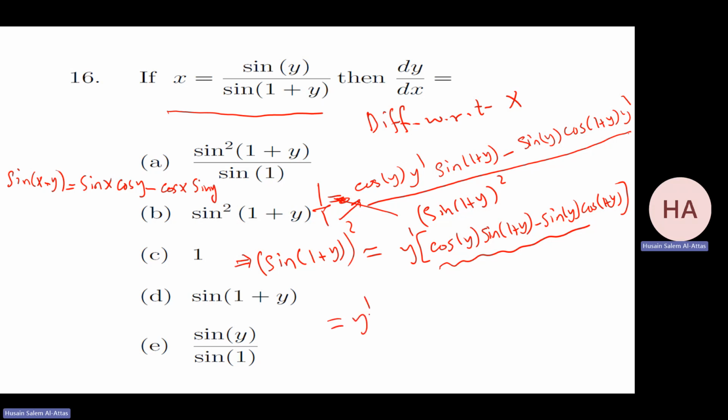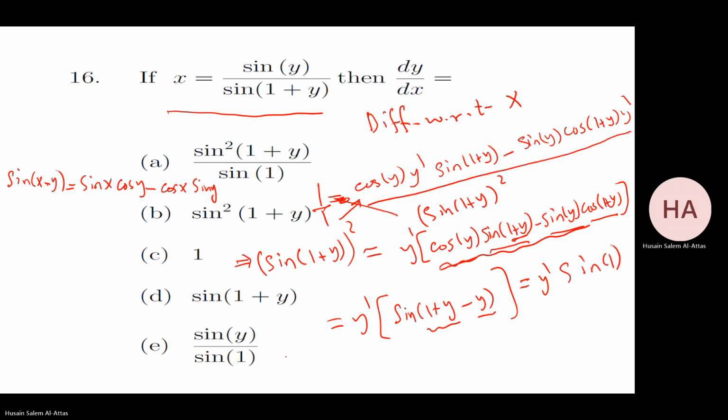That will give me what? y prime times sine(1 plus y minus y). This is my x and this is my y, so it will be sine x cosine y minus cosine x sine y. So that will be y prime sine 1. So y prime will be sine squared(1 plus y) over sine 1, which is this one.